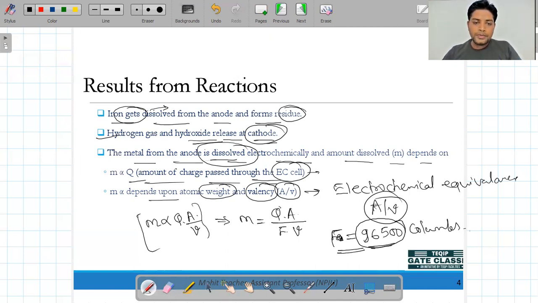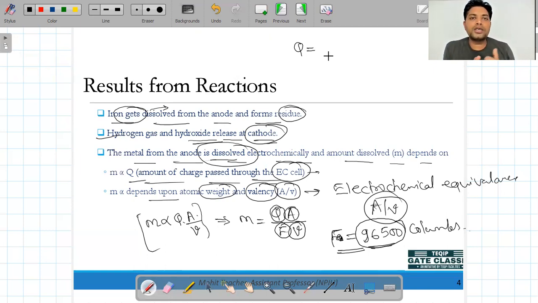Now Q is the amount of charge that is passed through it, A is the atomic weight, V is the valency, F is the Faraday's constant. I forgot to mention previously that this process uses very low voltage and very high current.